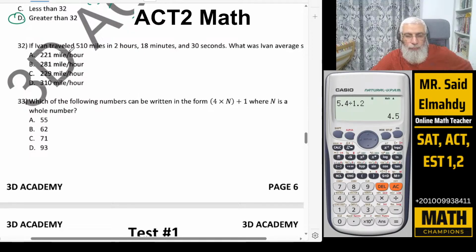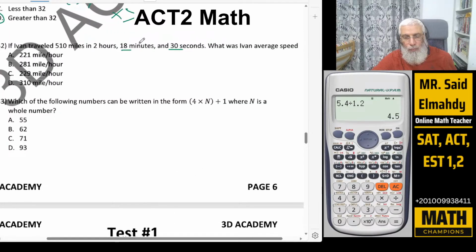Number 32. If Ivan traveled 510 miles in 2 hours, 18 minutes and 30 seconds, what was Ivan's average speed? So speed equals distance divided by time.